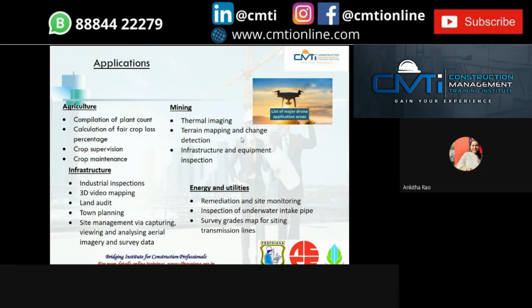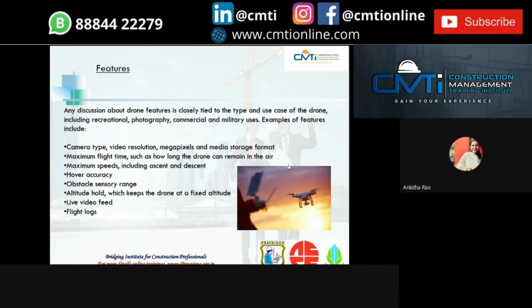Here, remediation means reversing or stopping the damage. Before the damage happens, we can look into it and control it. Then survey grade map for siting and transmission lines. Okay, the main features your drone should contain are a camera with video resolution with high megapixels and a media storage format, and it should have maximum flight time and maximum speeds, and hover accuracy.